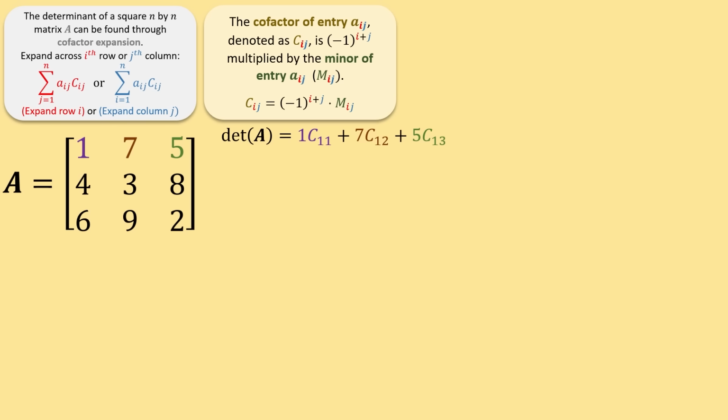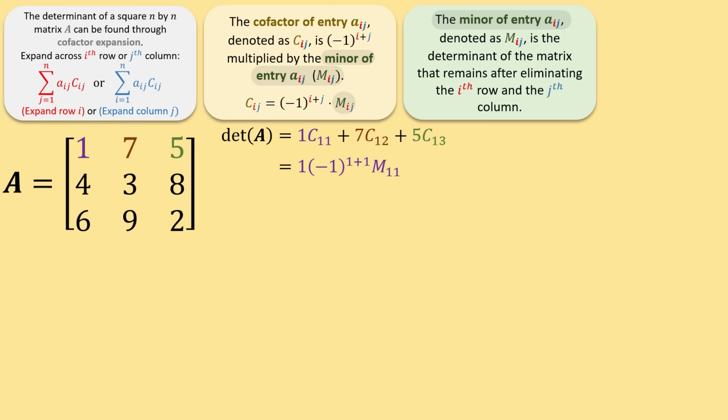Well, what are the values of these cofactors? Remember, the cofactor of entry Aij is -1 raised to the i plus j power, multiplied by the minor of entry Aij, which we denote with capital Mij. That means we can replace C11 with -1 raised to the 1 plus 1 power times capital M11.